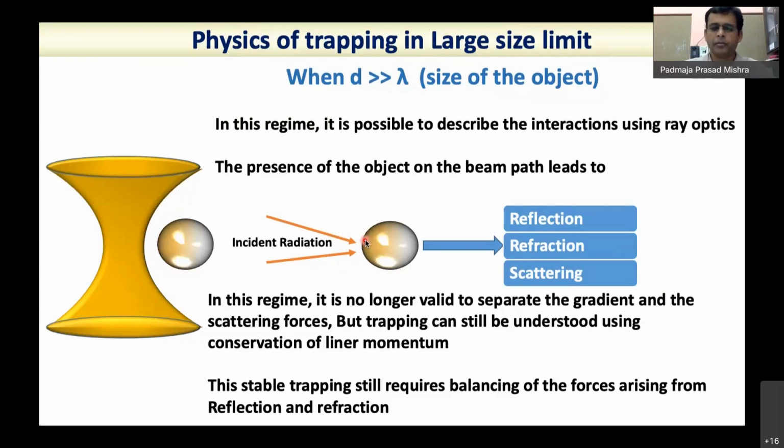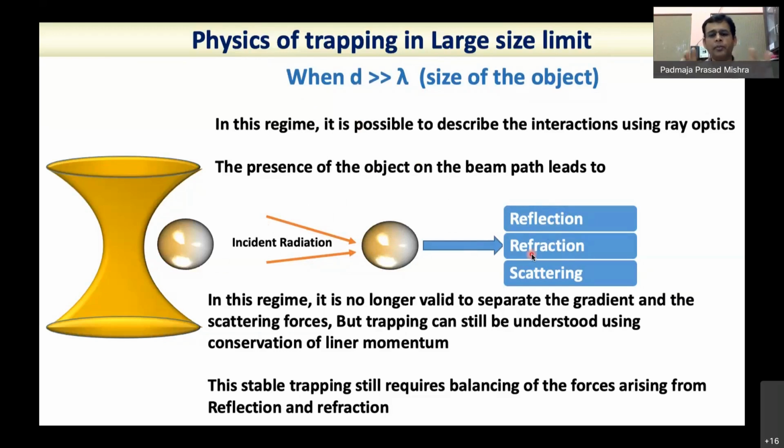So whenever the diameter of the object is greater than the wavelength of the radiation, there are three kinds of phenomena we can observe, as I said: reflection, refraction, and scattering.